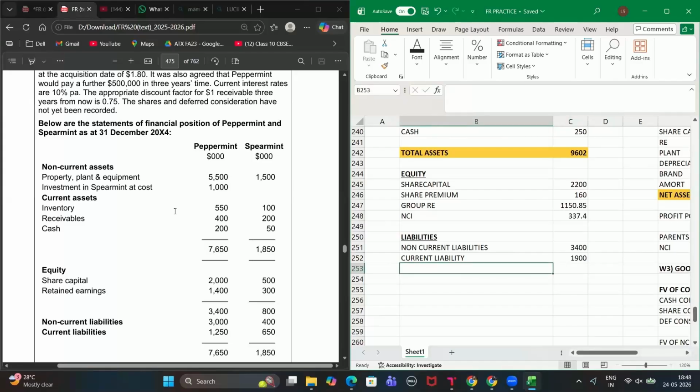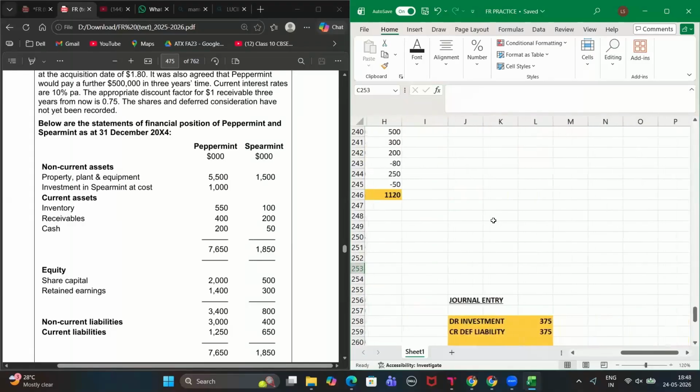Exactly. See, they have not considered deferred consideration. So we have to consider deferred consideration, right? How much will be the value of deferred consideration? See, we have found out the closing amount.